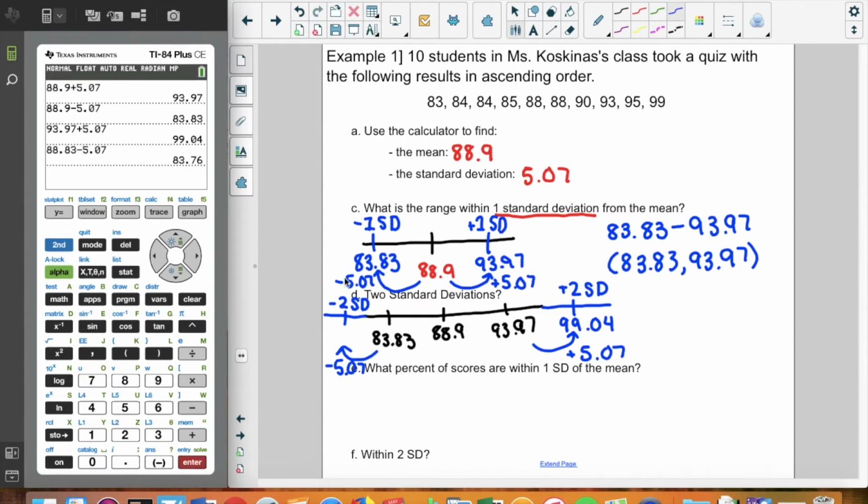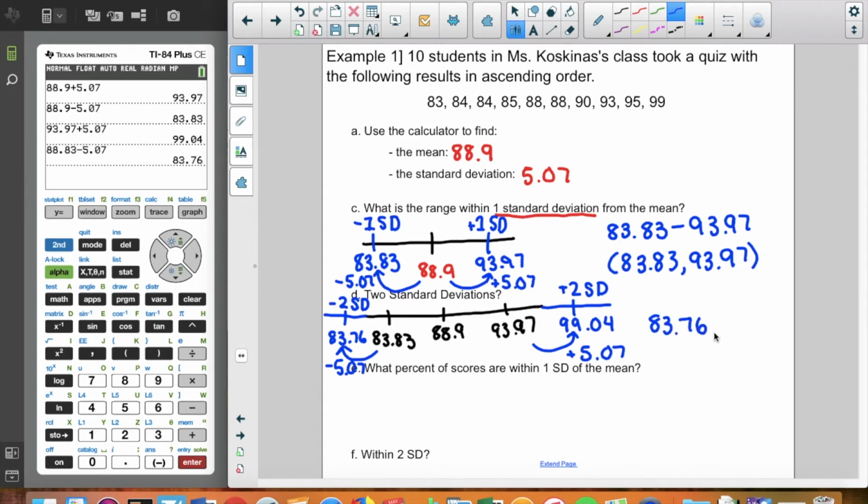Enter, and we get 78.76. So our range of values within 2 standard deviations is 78.76 to 99.04.